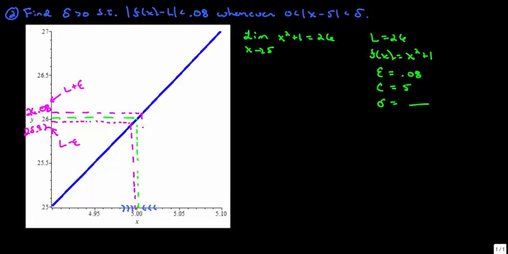The question is, how far in each direction can I go? Because that's my delta value. That's what we need to find. So our value is 5.